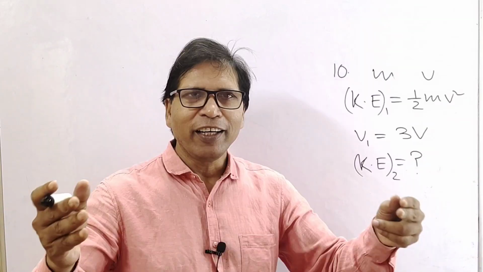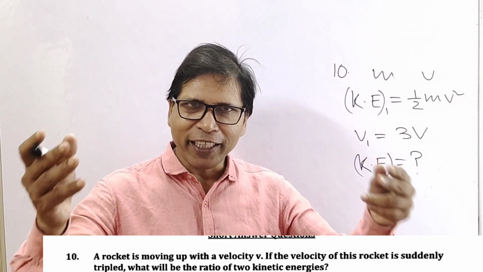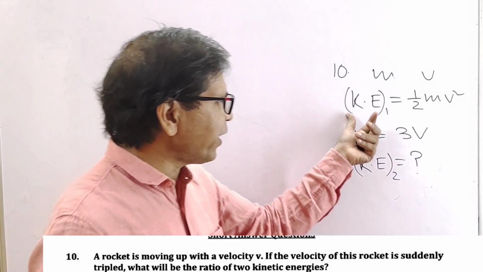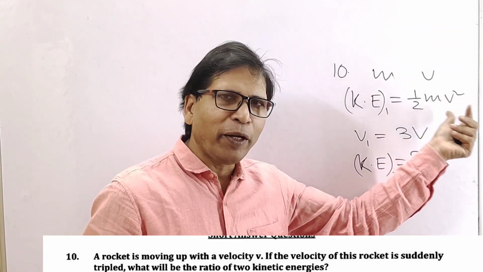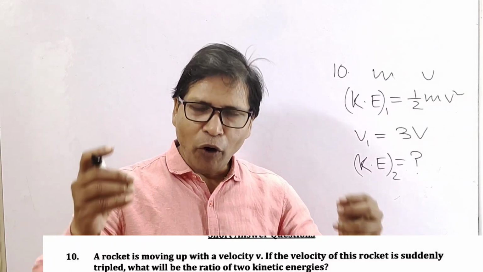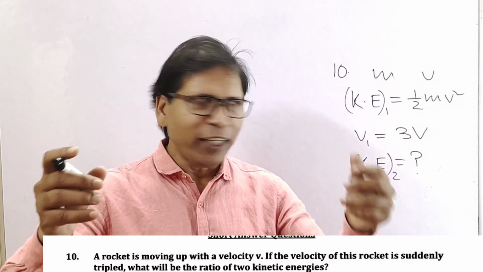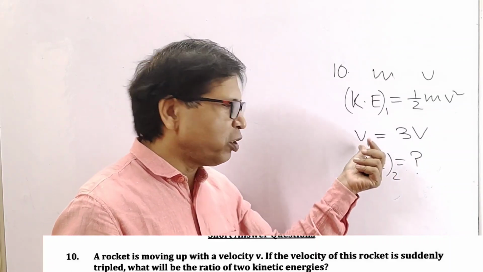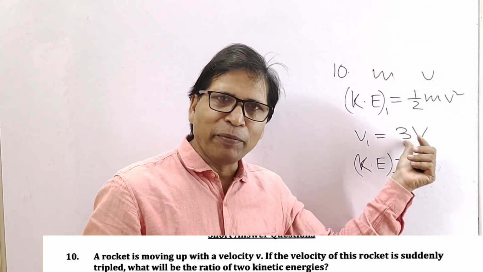Okay, next. Now a rocket of mass m moves with velocity v. So its kinetic energy equals half mv square. This is the initial kinetic energy. Now what will be the ratio between initial kinetic energy and final kinetic energy if the velocity of the rocket becomes 3 times?